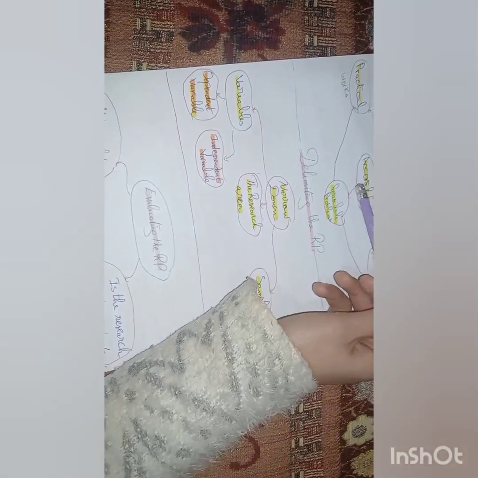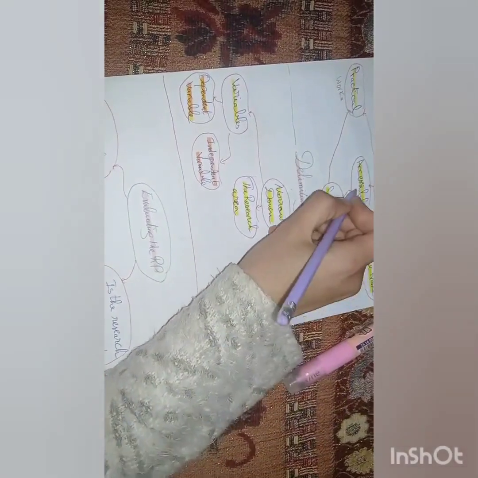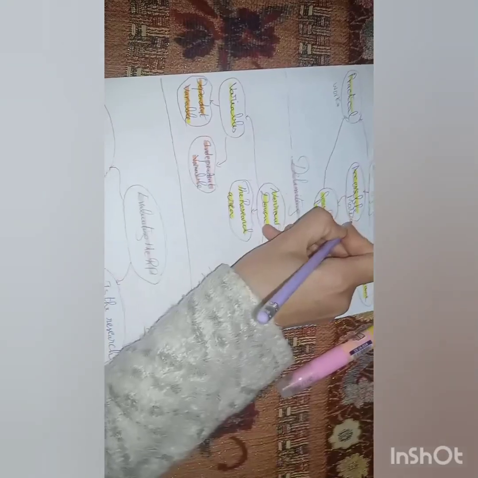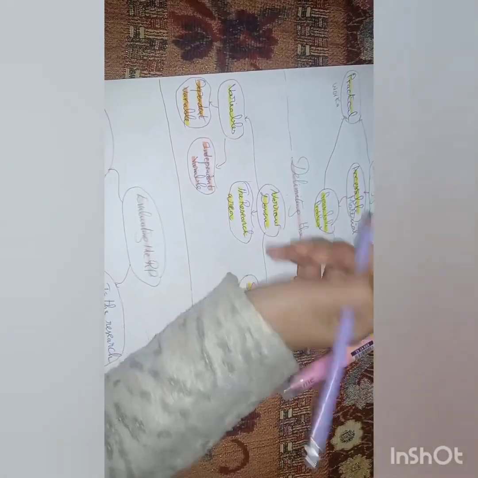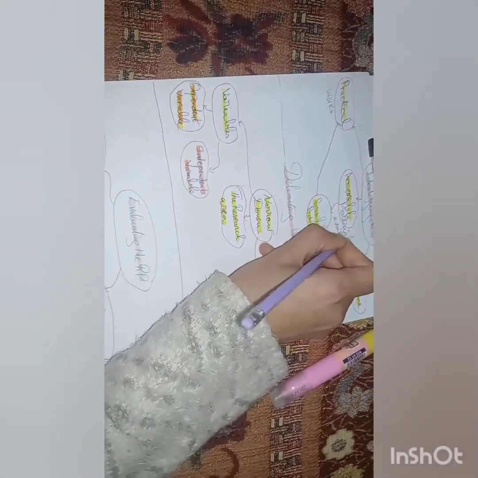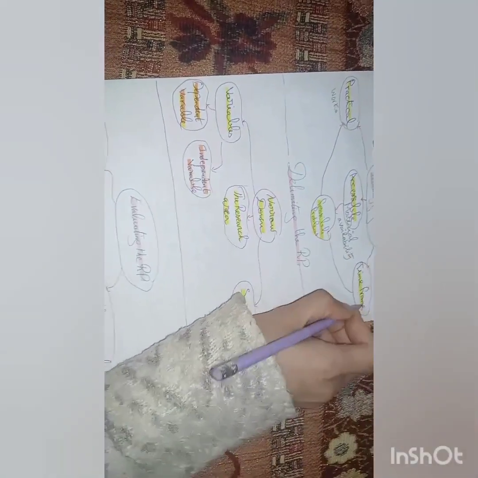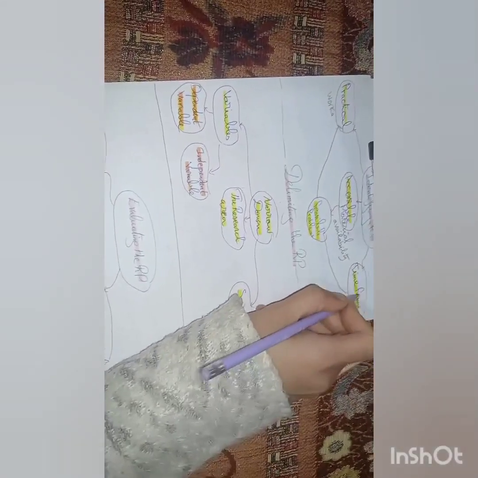Another is accessibility according to the material. When we say accessible, we mean the material: are they available or not? Availability. And the last one is time frame. Is the time enough or not?